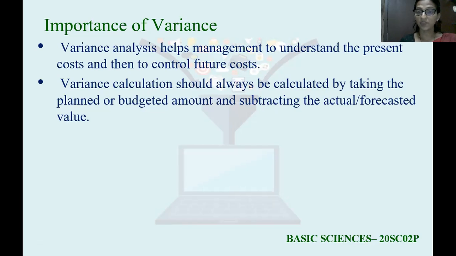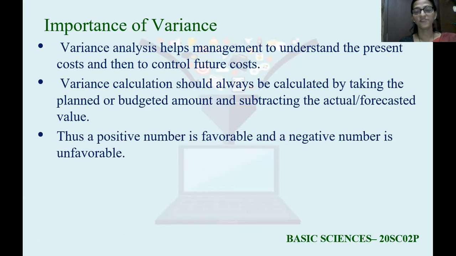That means the expenditures occurred in your company are very, very much more than the planned cost. It will give you a clear idea about how you should plan your cost for the future. So calculating variance helps you understand how your expenditures are today and plan how to spend next.